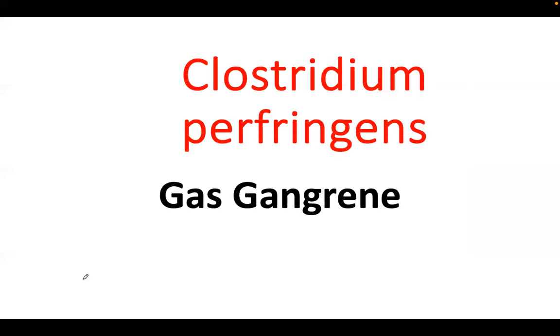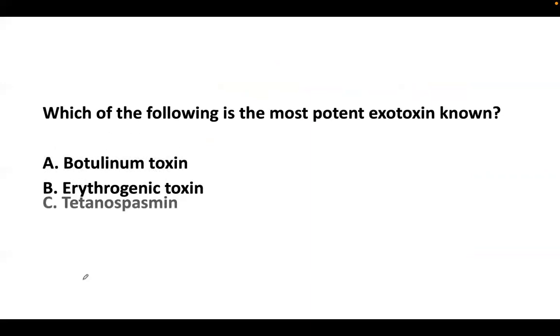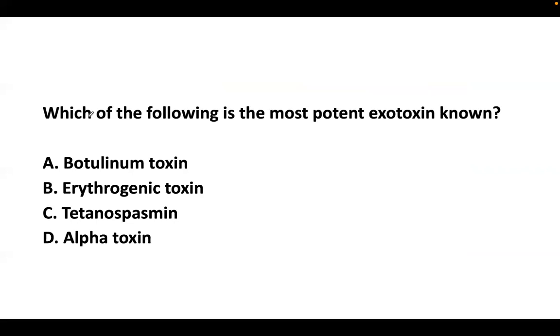Now, answer this. Which of the following is the most potent exotoxin known? Is it botulinum? Is it erythrogenic? Is it tetanospasmin? Or is it alpha toxin? The most potent exotoxin known is botulinum toxin.